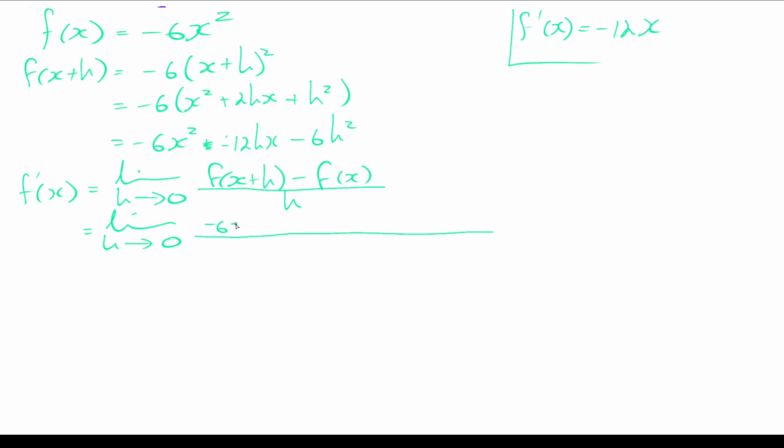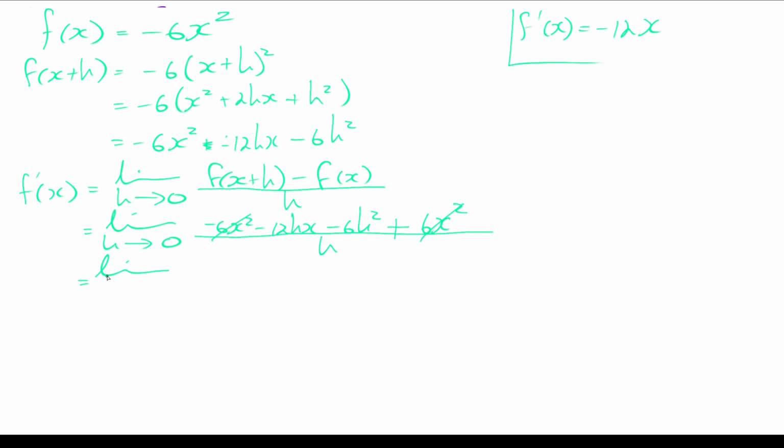So we have negative 6x squared minus 12hx minus 6h squared minus, and this time I'm going to set a bad example and not use brackets because it's just one term. So my negative 6x squared is becoming a positive 6x squared over h. All right. Now, if I did this right, everything will cancel out if it doesn't have an h in it. And lo and behold, negative 6x squared, positive 6x squared, dead, gone, bye-bye.